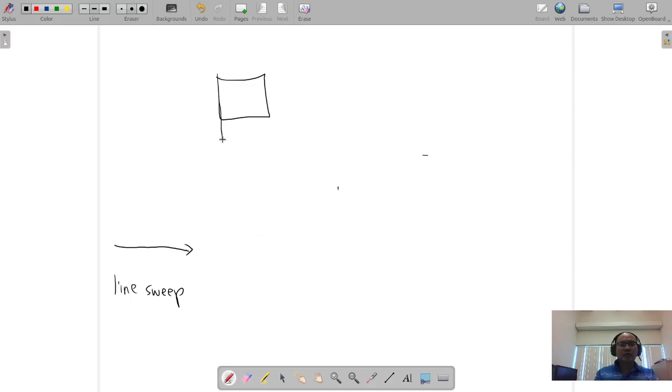What if you have something like this? You have two rectangles. They start at the same place, end at the same place, but overlap. Now you have to be a bit careful. You have to keep track of the intervals, right? With overlaps.